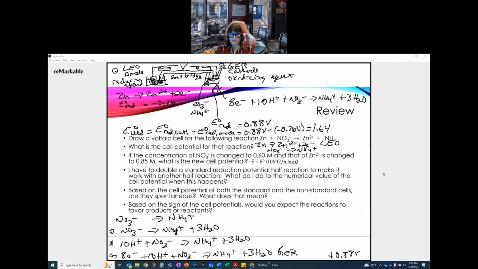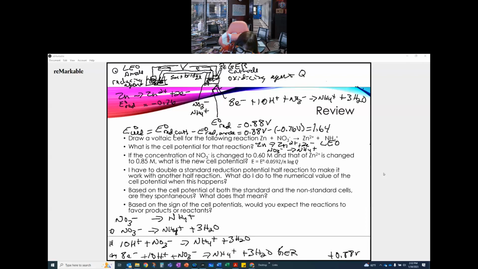If the concentration of NO3- is changed to 0.6 molar, and that of Zn2+ is changed to 0.85 molar, what's the new cell potential? And I see that the Nernst equation is included there. So E equals E naught minus 0.0592 over n, where n is the number of electrons that are transferred, times the log of Q. Q means that I need a Q expression.